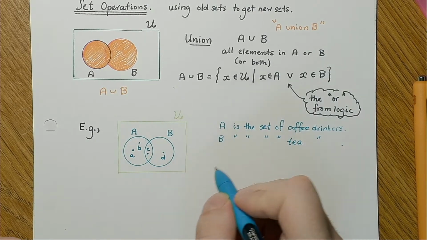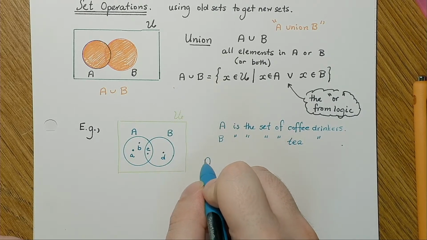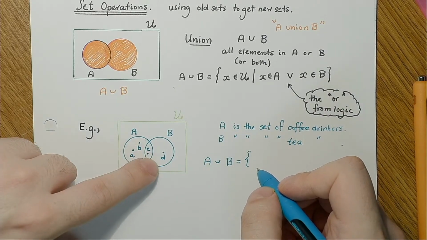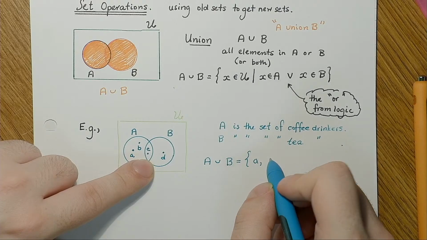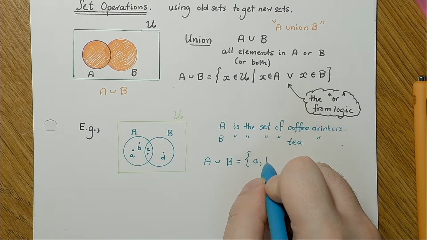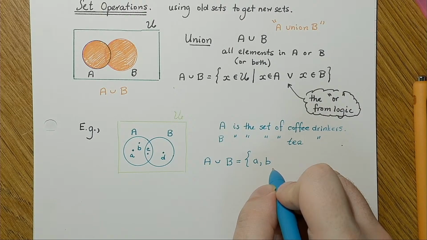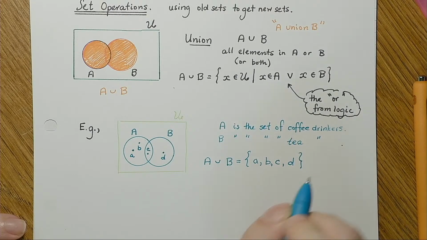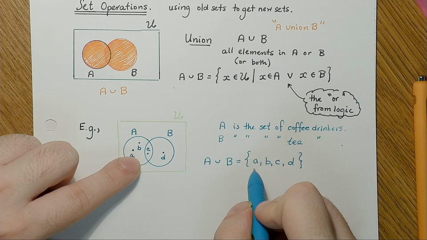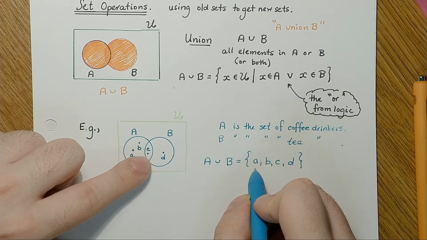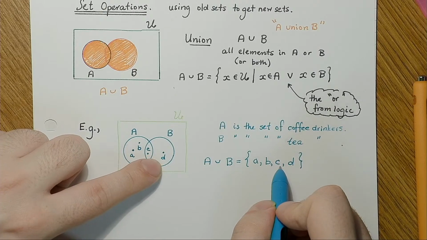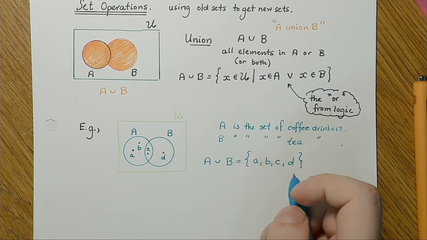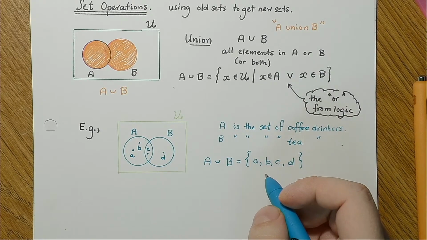So in this case, if I wanted A union B, it's all the elements in A, and then all my elements in B. But note that I do not copy out the same element twice, only once.